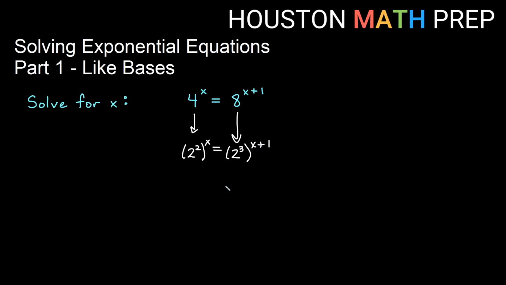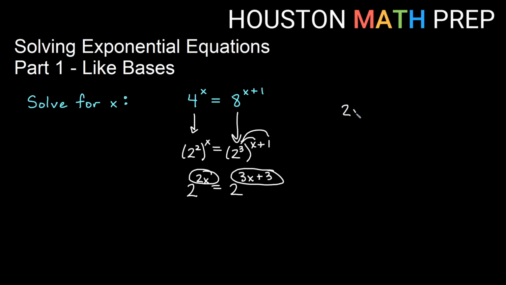Now these will all be in terms of base 2. So if we use our properties of exponents and multiply now, I get 2 to the 2x on the left side. And don't forget to distribute your 3 into each piece here. We will get 2 to the 3x plus 3. Now that they're both base 2 exponentials, I can set the exponents equal to each other.